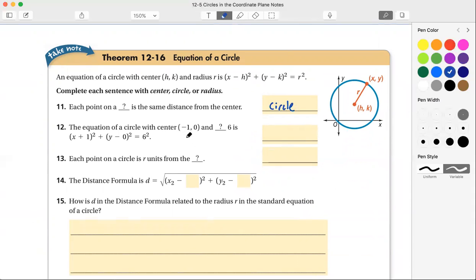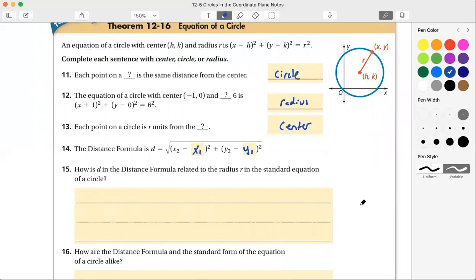The equation of a circle with center (-1, 0) and radius 6 is this equation. Each point on a circle is r units from the center. The distance formula is d = sqrt((x2 - x1)^2 + (y2 - y1)^2). How is the distance formula related to the radius r in a standard equation of a circle?